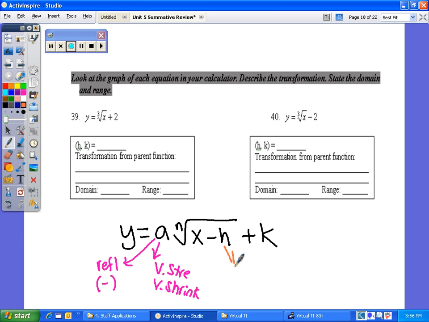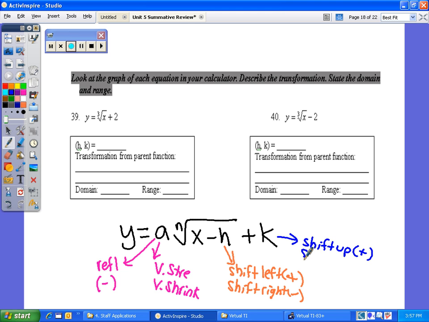Okay, and then this is your shift left or your shift right. Oops, I had it backwards. And then this is your shift up or your shift down.